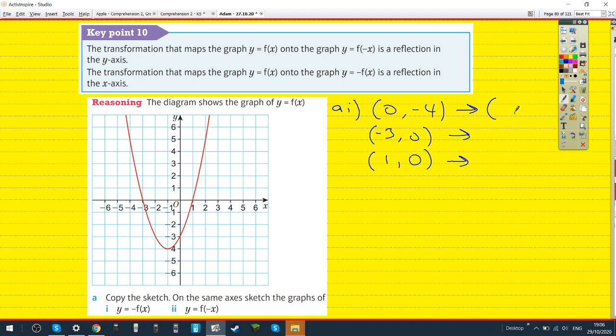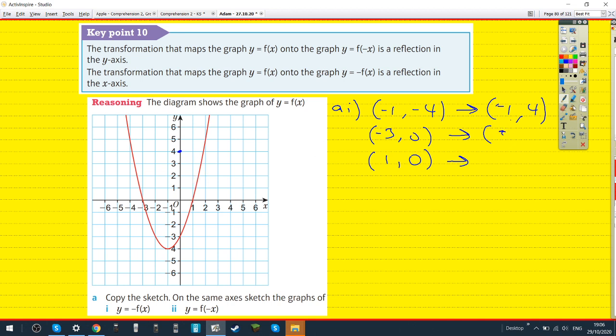So the first one would be 0, 4. Yeah. Second one would be 3, 0. Sorry, that one is minus. That was at minus 1, minus 4. That's minus 1. Yeah, sorry, and go on. The next one will be minus 3, 0.